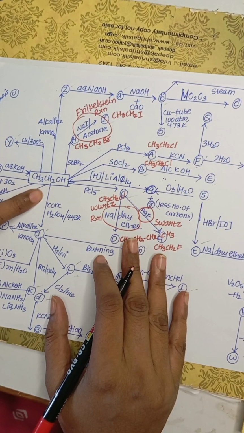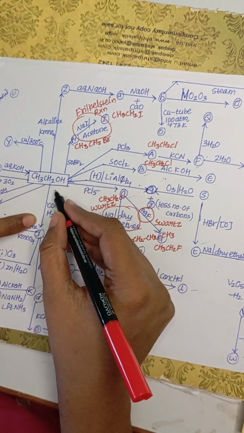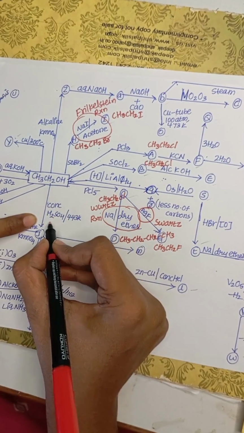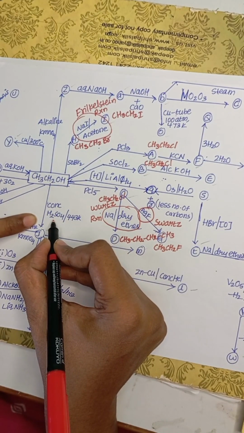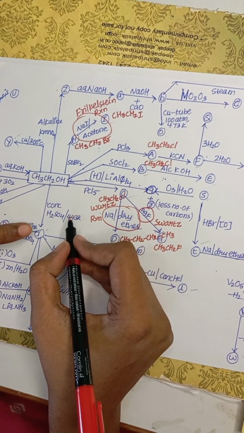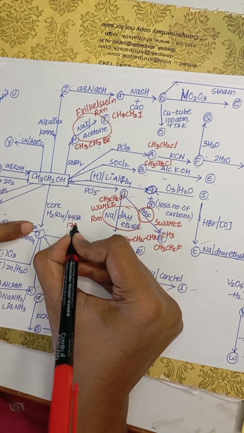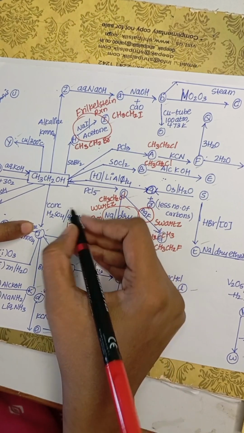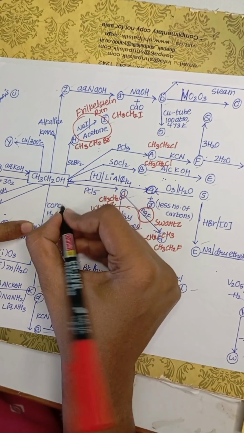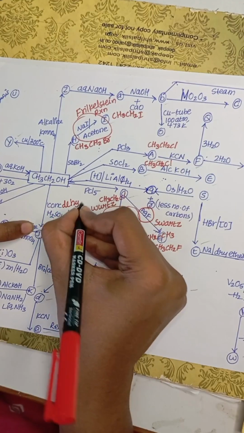Whenever ethyl alcohol is treated with concentrated H2SO4 at 170 degrees Celsius or 443 Kelvin, it undergoes dehydration.